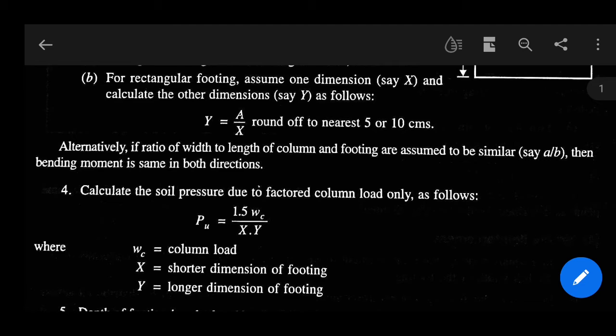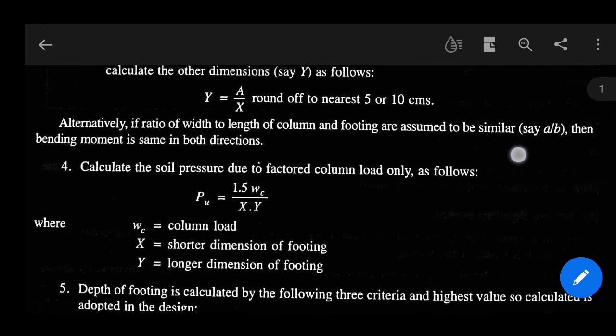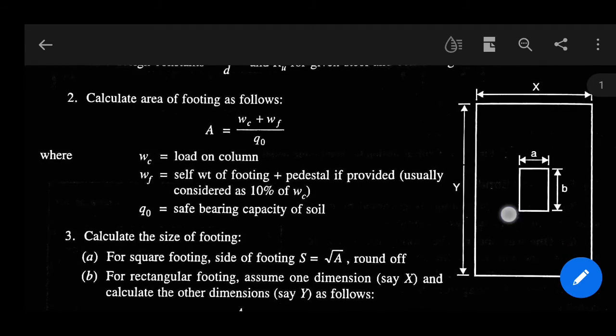In case of square footing, that will be A. Here 1.5 is the factor which is multiplied with this value to make it factored soil pressure. WC is column load, X is shorter dimension of footing, and Y is longer dimension of footing, just like this.